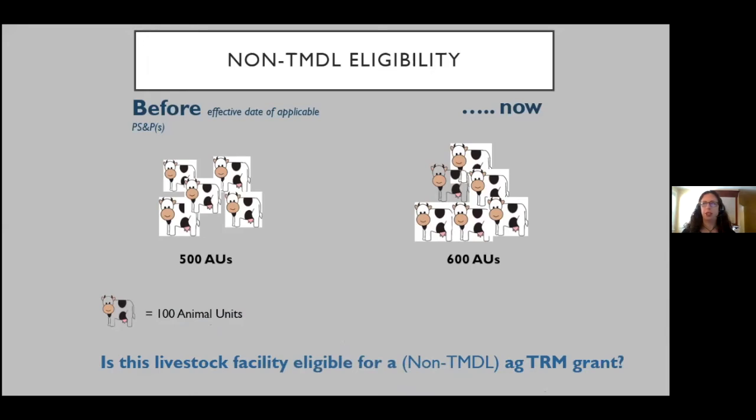Is this site eligible for a non-TMDL agricultural grant? And the answer is it depends. Based on this information, we do not have enough to make that determination. Knowing how many animal units we have doesn't tell us whether the site is eligible for a grant.